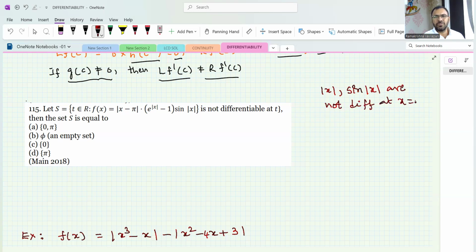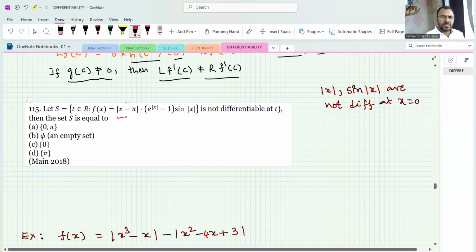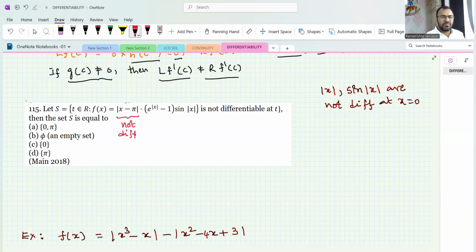Very good. You see that this is not differentiable at 0, but this is 0 at x equal to 0. So you can assume that this is h of x and this is g of x.